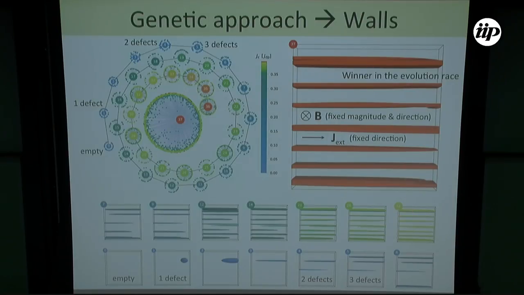So these are 3D walls in this plane, parallel to both the current and the applied field. At the end, we see a huge amount of unsuccessful mutations, and this is the stop criterion for the algorithm. If it cannot increase the critical current, it assumes that this is the optimum.